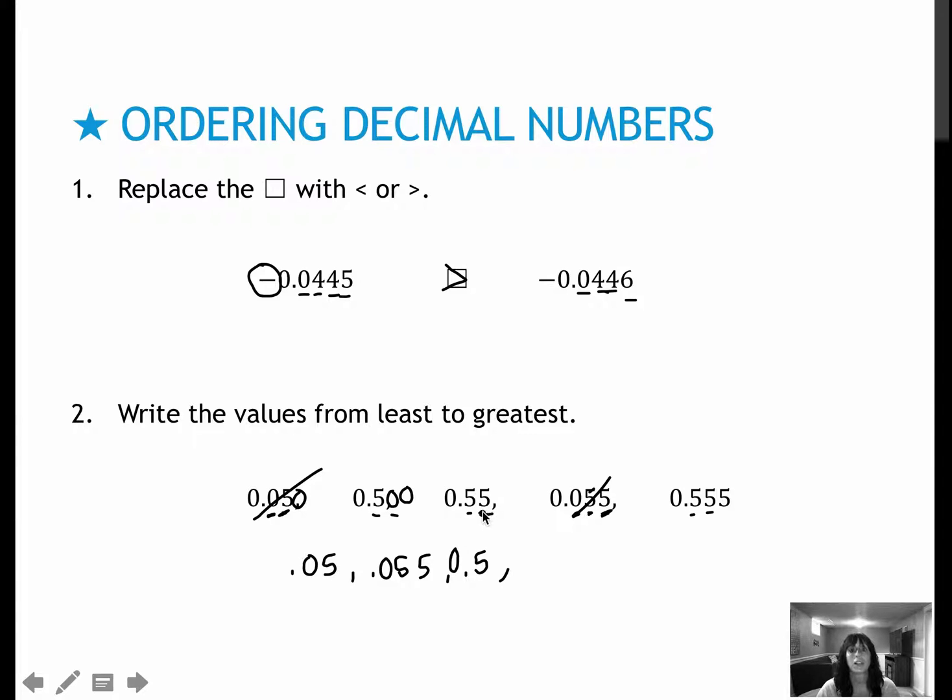And then I'm comparing this one, which is 55 hundredths, to this one, which is 555 thousandths. This is 550 thousandths versus 555 thousandths. So this one's going to come next. It is a smaller number. Oops, extra 0. So that would be my least to greatest.